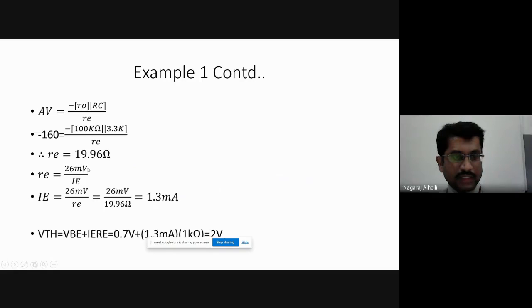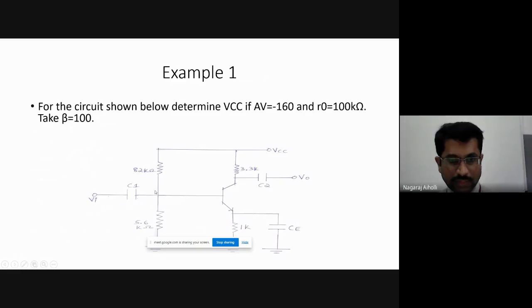Now what is this re? It is 26 millivolt by IE, so IE is equal to 26 millivolt by re. That is 26 millivolt divided by 19.96, which comes out to 1.3 milliampere. If you look into this circuit, there's a Thevenin voltage, VTH, the voltage at this junction of R1 and R2.